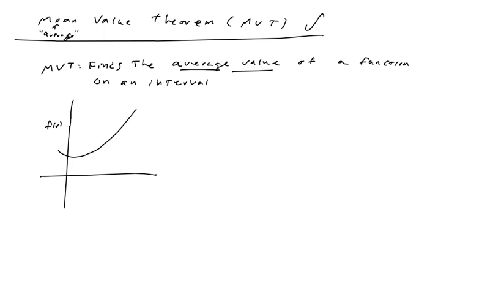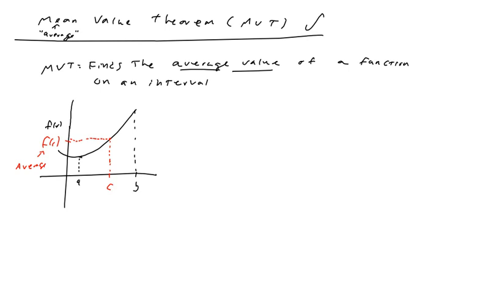Somewhere you can imagine a middle, like here. This is f of c. This is the average value at some location c on the interval from a to b.